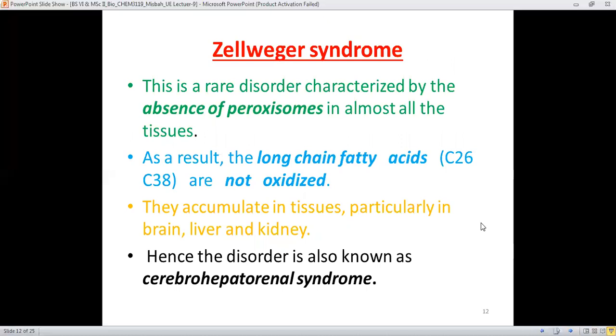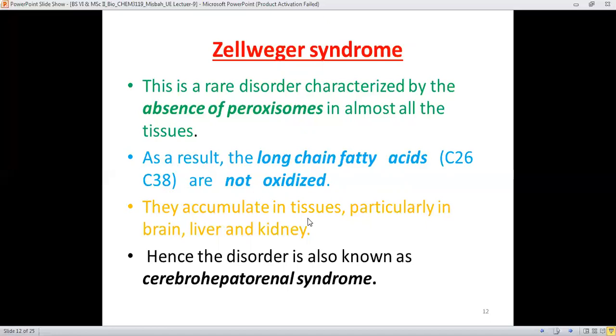Here is the Zellweger syndrome. Zellweger syndrome is a rare disorder which is characterized by the absence of the peroxisomes in almost all the tissues. As a result, the long chain fatty acids like C26, C38 are not oxidized, because the very long chain fatty acids are oxidized first by the peroxisomes, and later on they undergo further oxidation through the mitochondrial matrix.